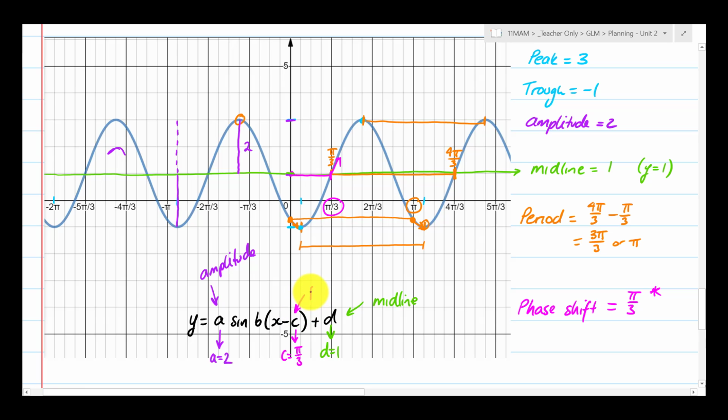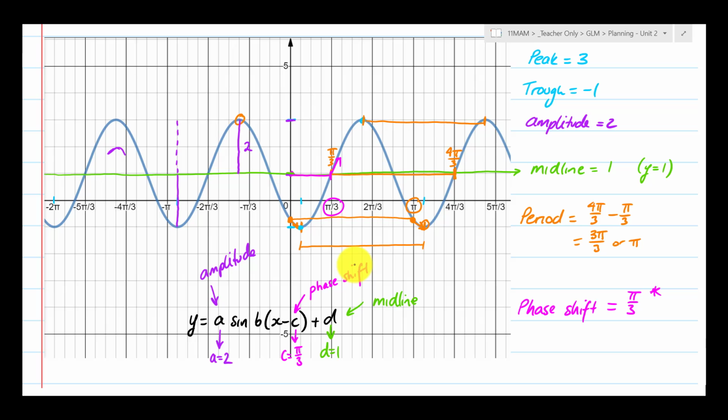That's our phase shift. Now I've left B to last for a very specific reason, because it's the only one that's in any way at all slightly complicated, and it's not really, but you've got to do a calculation in here, so it's tiny stuff. Remember our B value was our horizontal dilation. It was the compression or expansion factor, okay?